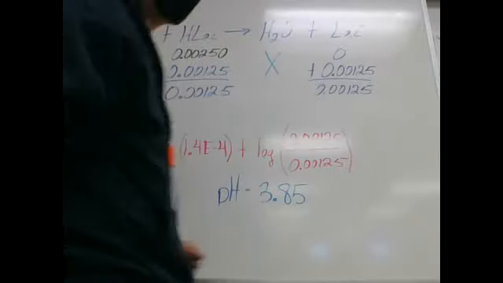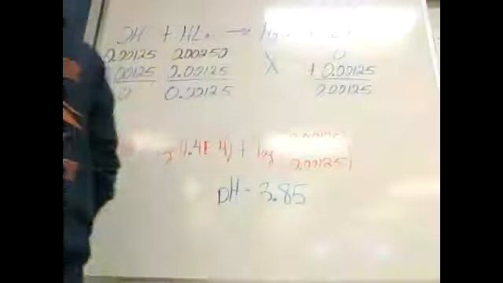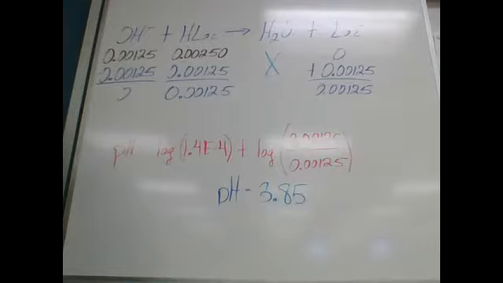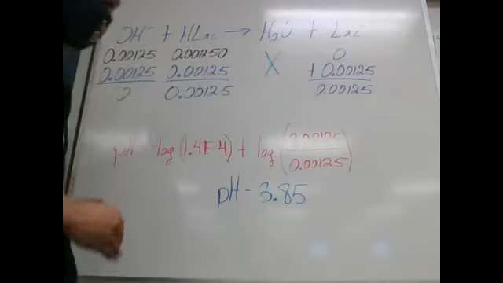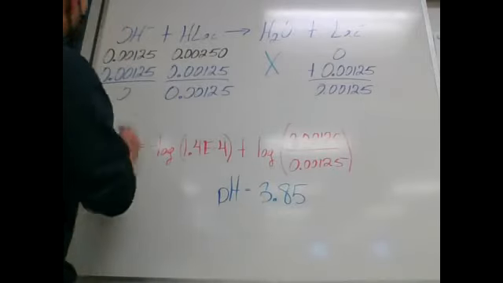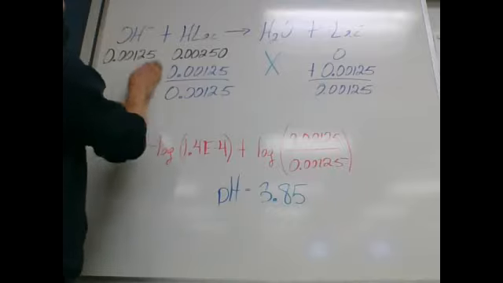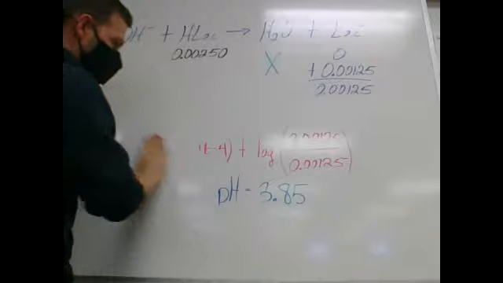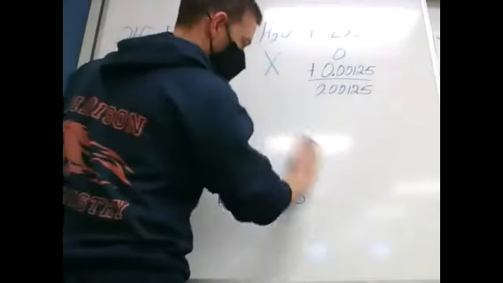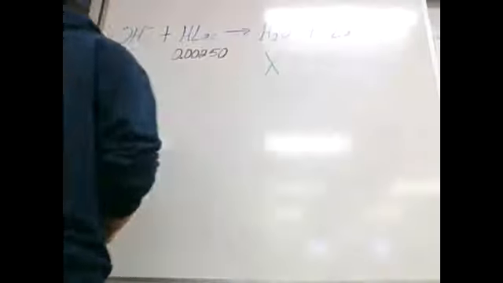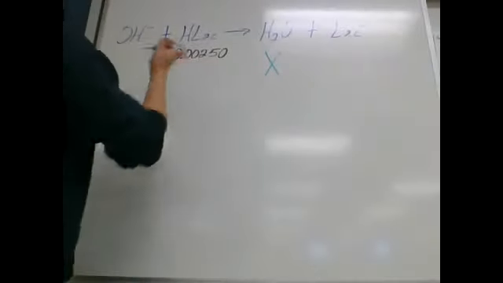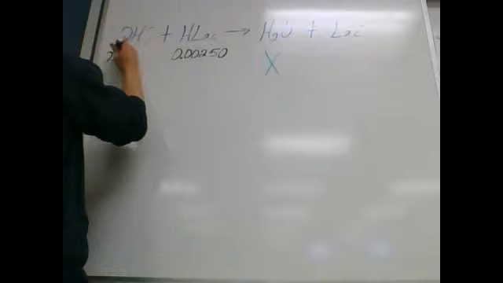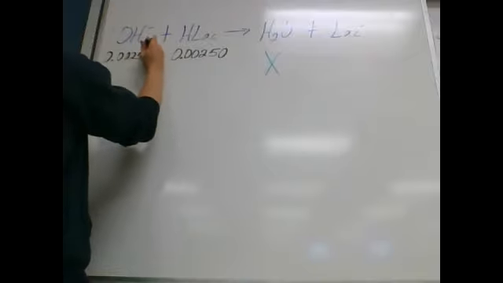All right, then it talks about the equivalence point. Yes, in part D. Let's look at that. Are we going to use a Kb? Well, we know that by definition, the equivalence point is going to be when these two are exactly the same, right?